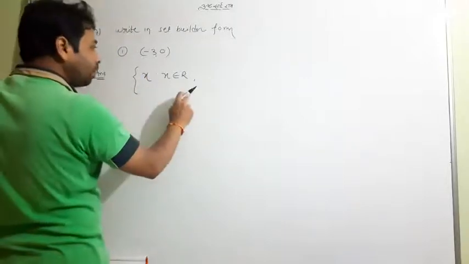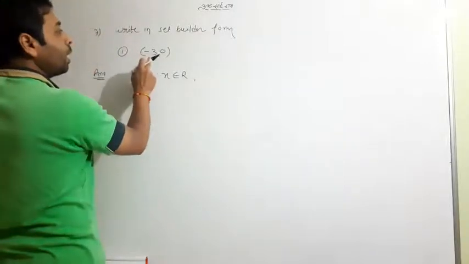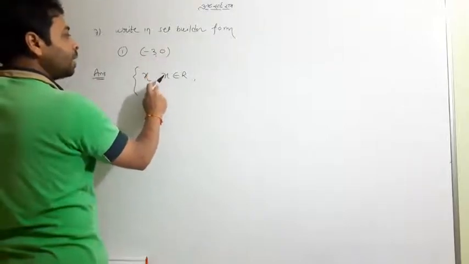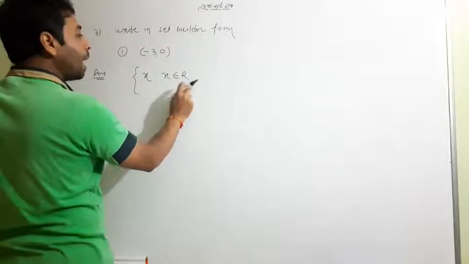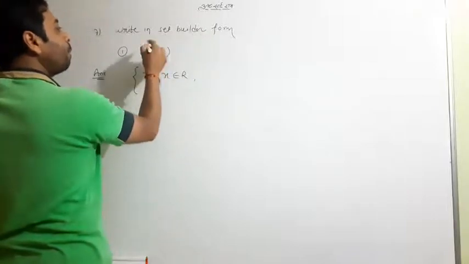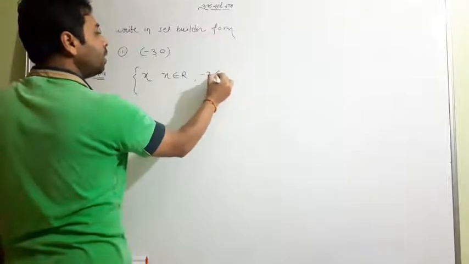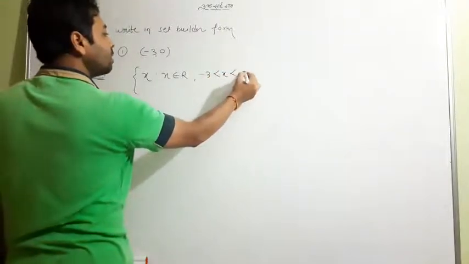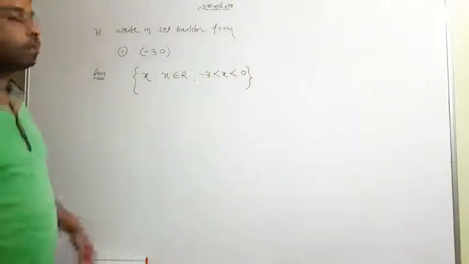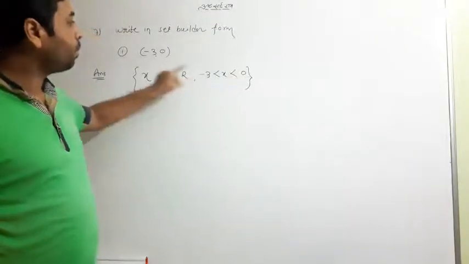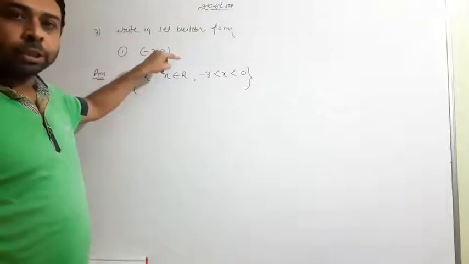It is in set builder form, where the interval is given: x such that x belongs to R, and what I will write for that, because this is an open interval, is -3 less than x less than 0. It is very simple, because there is no equal to sign here, since it is an open interval.